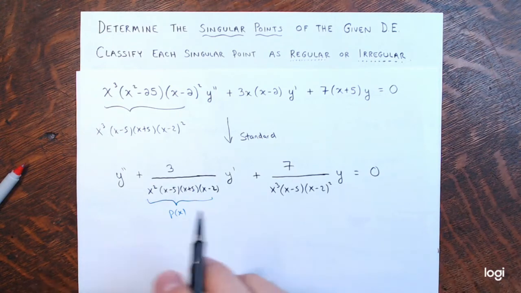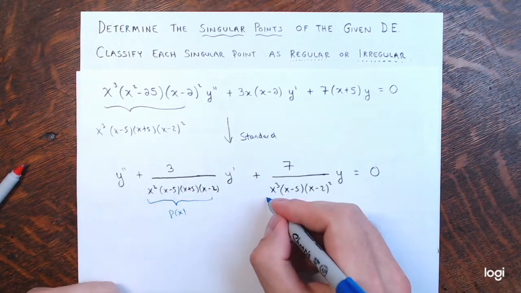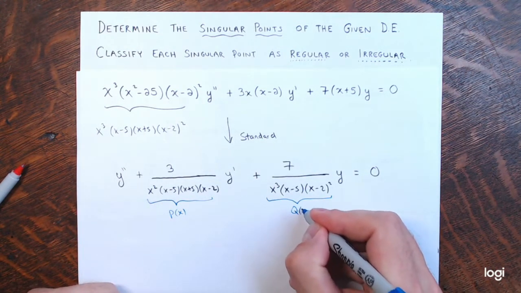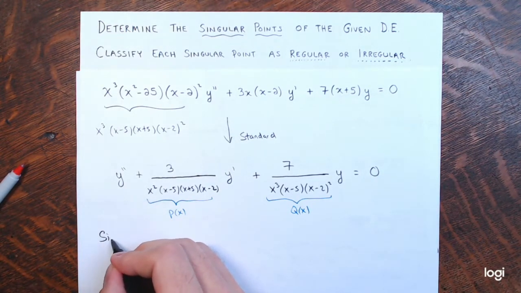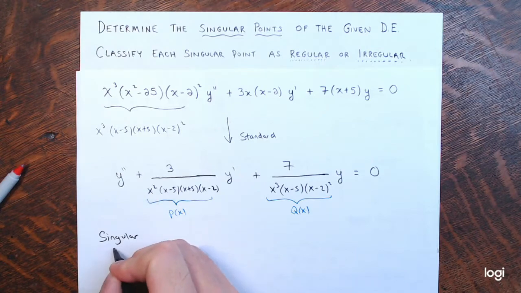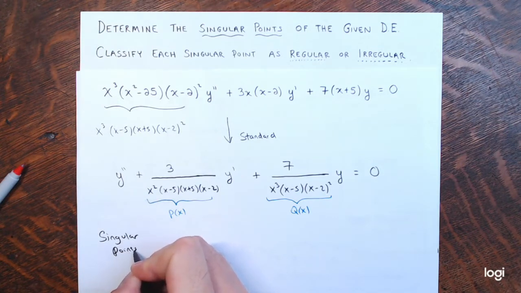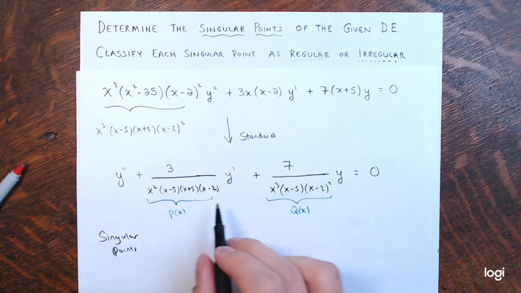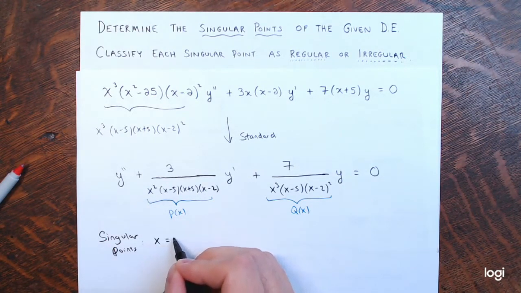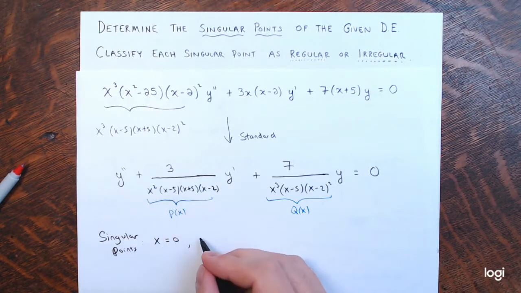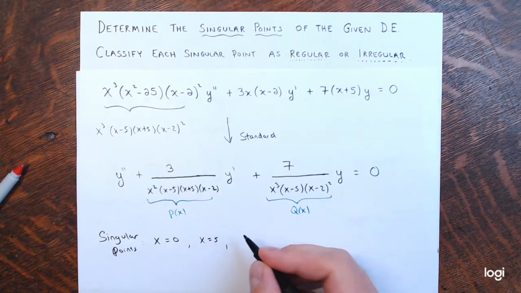And there's the q of x, that capital Q of x coefficient. So the singular points, I hope again it's obvious, are where these rational functions aren't defined, right? They're therefore not analytic. So the singular points are x equals 0, x equals 5, x equals negative 5, and x equals 2.